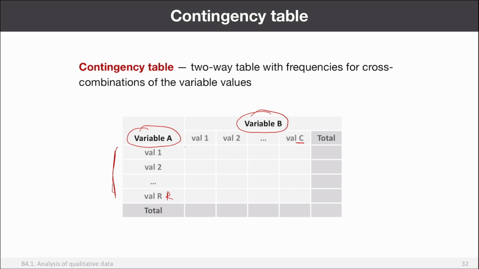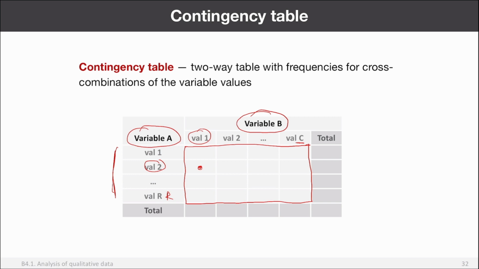And then this part of the table is all observations which have, for example, this category and this category at the same time. So it's the number of observations where variable A had category 2 and variable B had category 1.